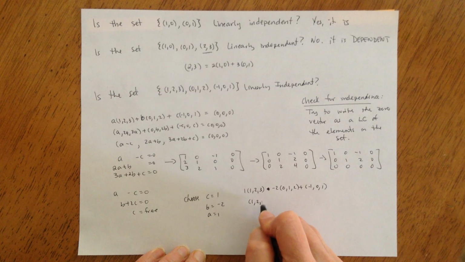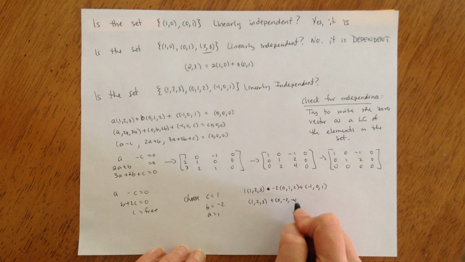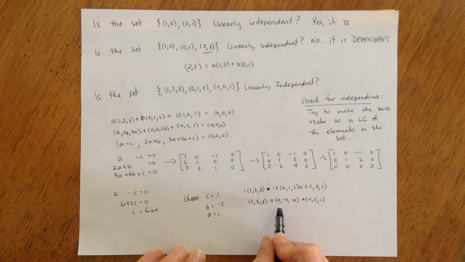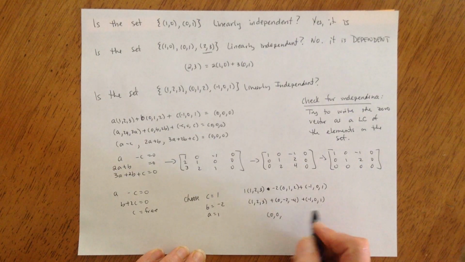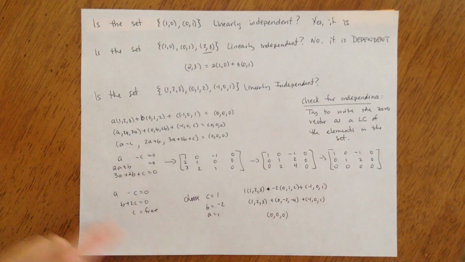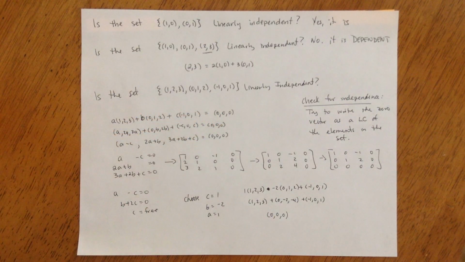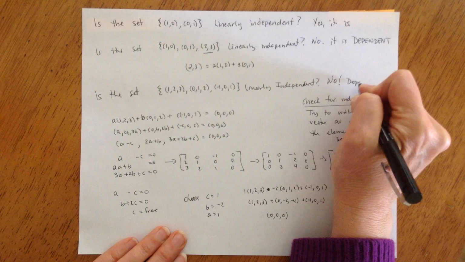We'd get 1, 2, 3, plus 0, negative 2, negative 4, plus negative 1, 0, 1 would be 1 minus 1 is 0, 2 minus 2 is 0, and 3 minus 4 is negative 1, plus 1 is 0. So I do have a non-trivial way to write the 0 vector as a linear combination of those three vectors. So this set is dependent.